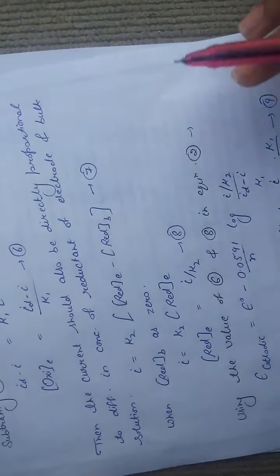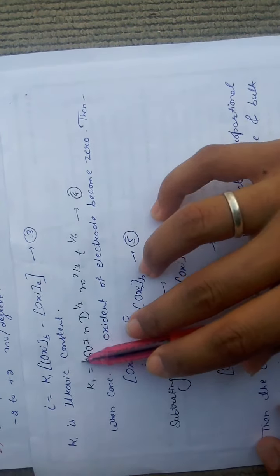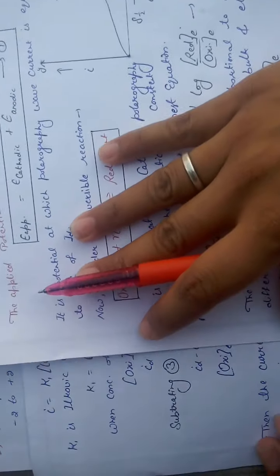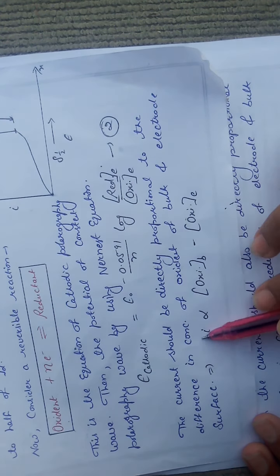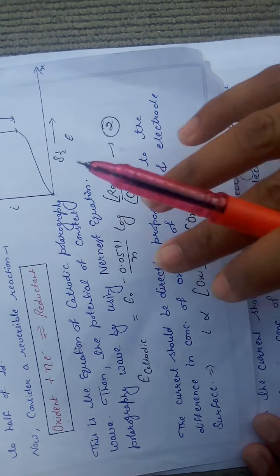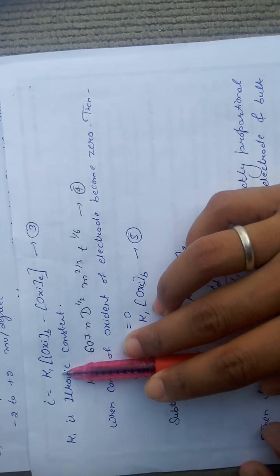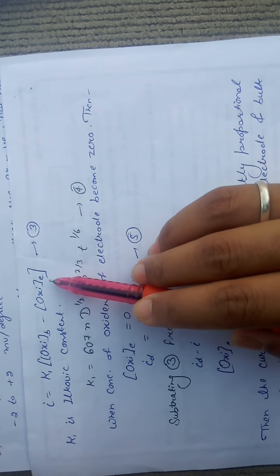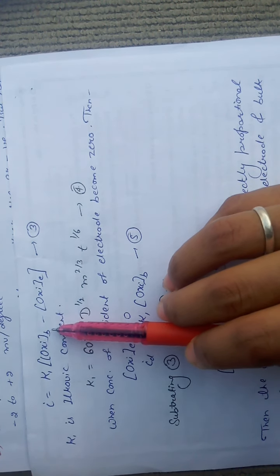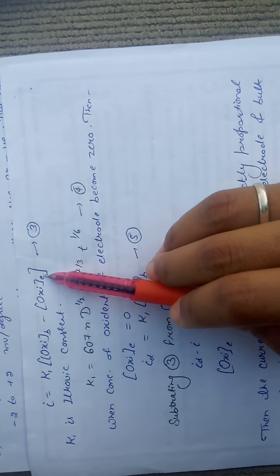We have given the equation that I is directly proportional, so for this we put a proportionality constant. So I is equal to K1 times oxidant of bulk minus oxidant at the electrode surface. You can say oxidant in bulk and oxidant at the electrode surface.